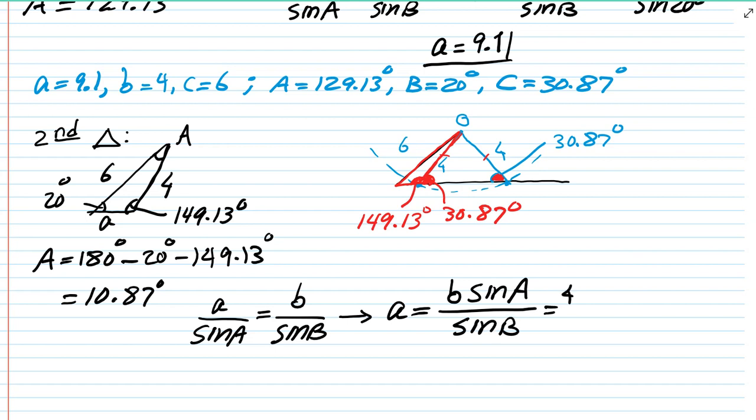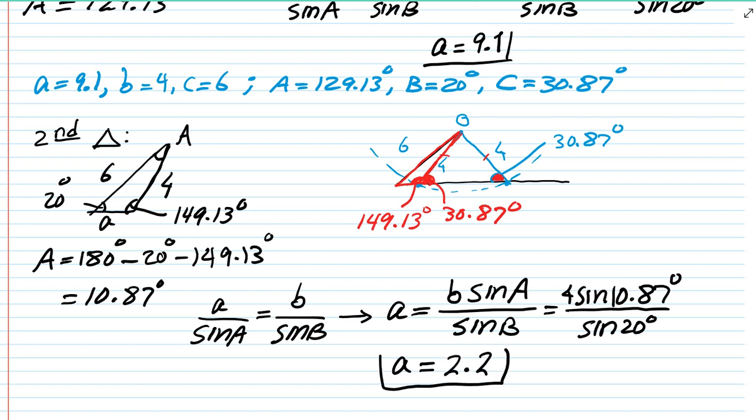So that's 4 times sine of 10.87 degrees divided by sine of B, which is 20 degrees. Now, do this on the calculator and you get a to be 2.2. And there we have that one. This is 2.2, and we have solved that triangle.